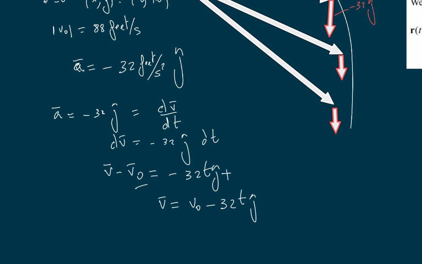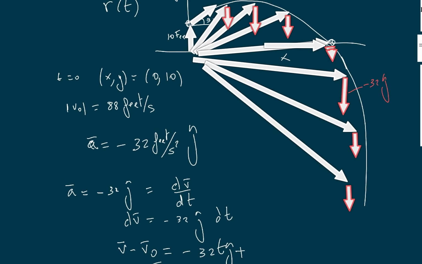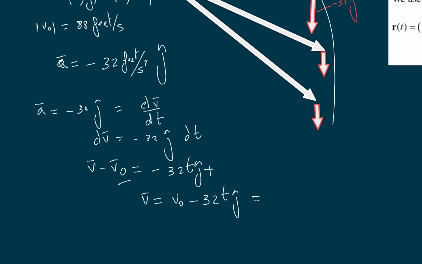So who is v0? v0 is the initial velocity vector. It has the magnitude 88, and goes at a 30-degree angle with respect to the x-axis.